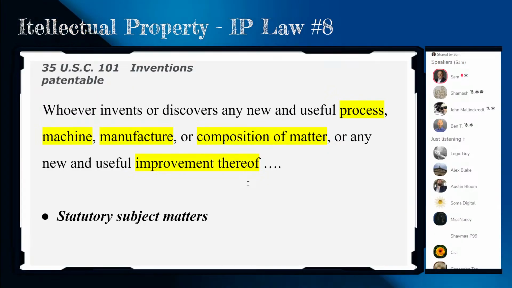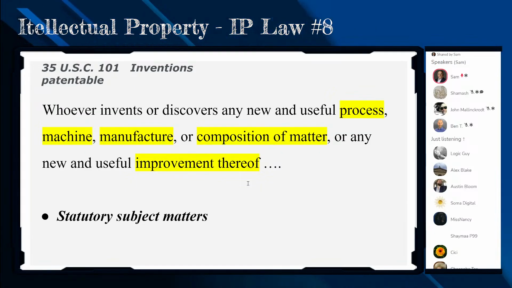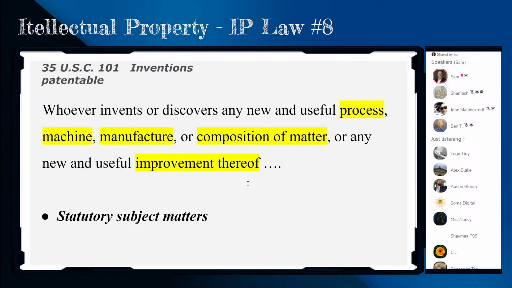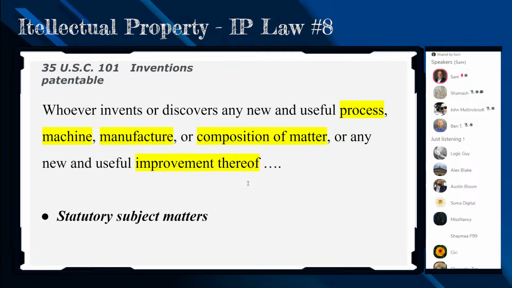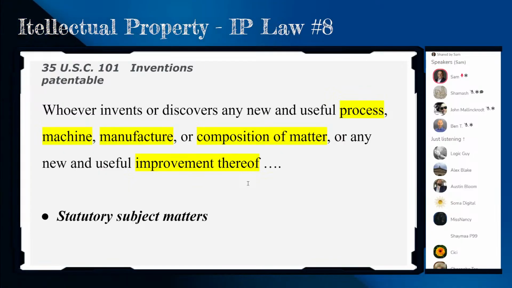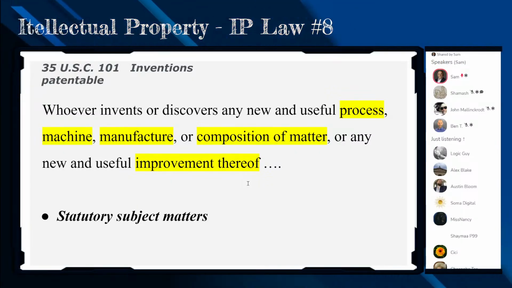Compounds are compositions of matter, or a method of synthesizing a compound, or a method of treating a patient. Those are all processes. So in my work, I hardly ever see a Section 101 rejection over this. Where do we see this nowadays? Really nowhere. We have all learned that things are one of these four things, plus their improvements. And so nobody ever submits a patent application that's not one of these.